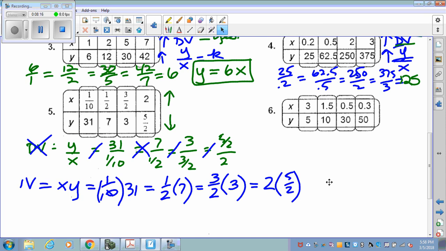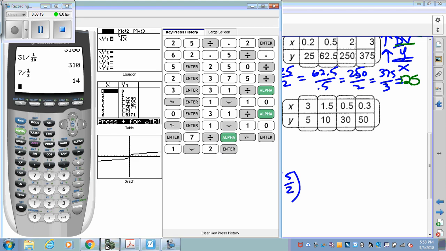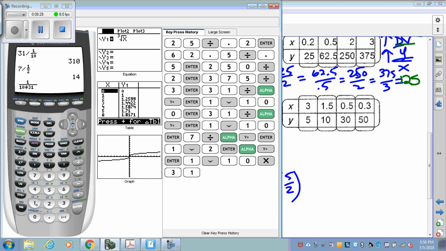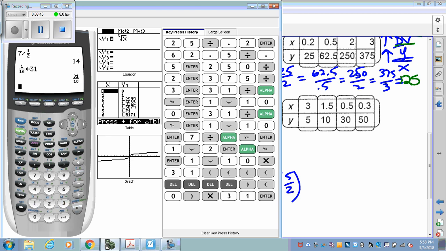So 1/10 times 31 on the calculator, and I get 31/10.